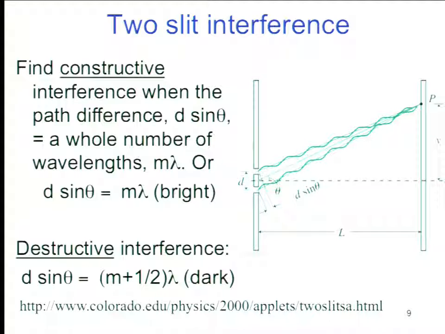Well, we know how to handle two slits, so we just make one slit into more than one slit. This is the way to beat the problem. So you have, say, a single slit, and you ask, what's the diffraction pattern of that going to be? Well, we take the slit and divide it in two.